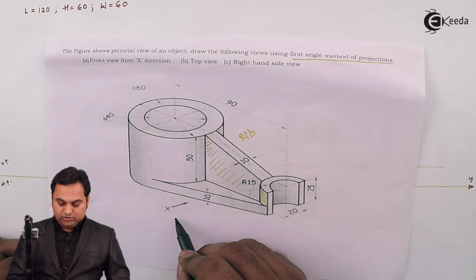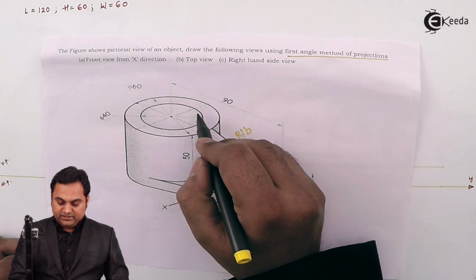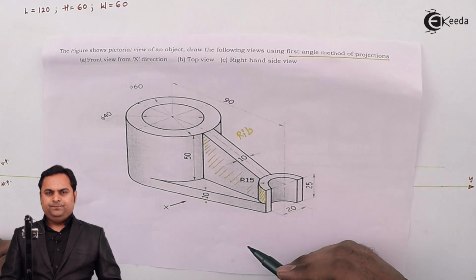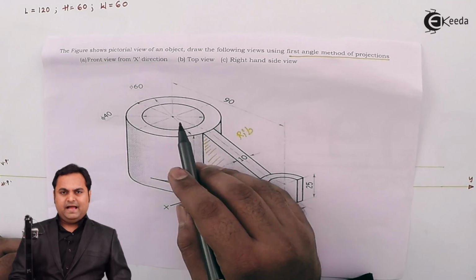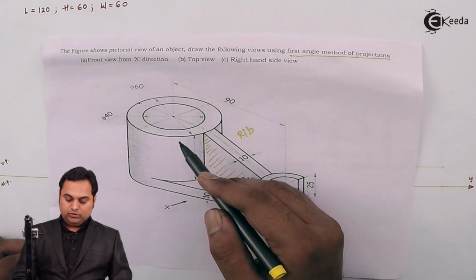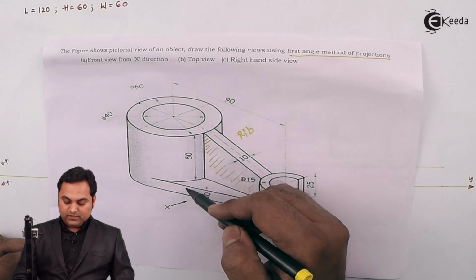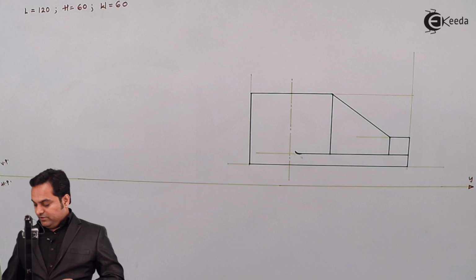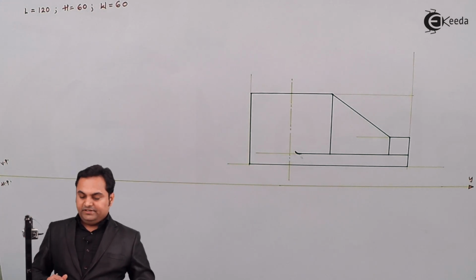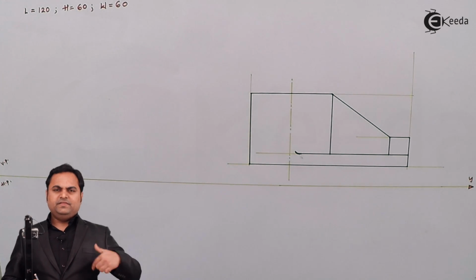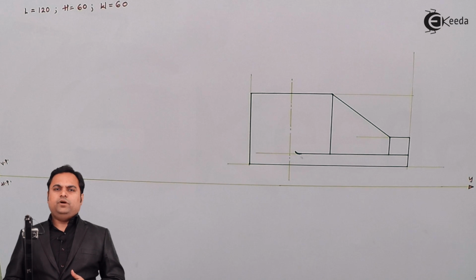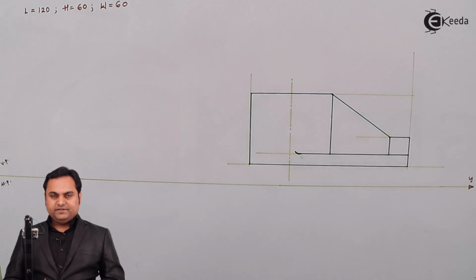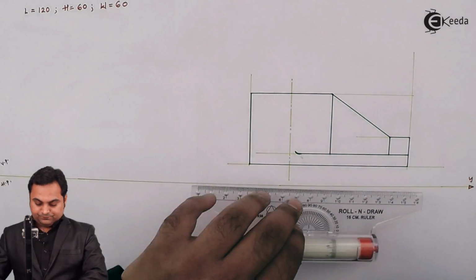So when we are looking along x direction, this cylinder which is inside is not visible, so it should be hidden, and it is through, that is, throughout this height of the bigger cylinder. So the next thing will be to draw that hidden portion, and that inside cylinder will also appear as a rectangle in the front view.